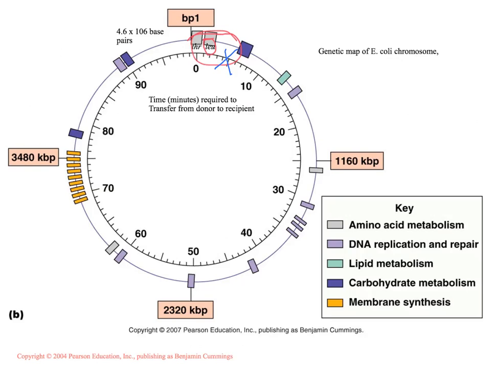And let's say we let it go for another minute, and then the recipient is now able to make product Y. Then that means Y was fourth on there. First it was threonine, then it was leucine, then it was X, and then it was Y. So we're able to map these genes and figure out where they are in relative positioning with each other.